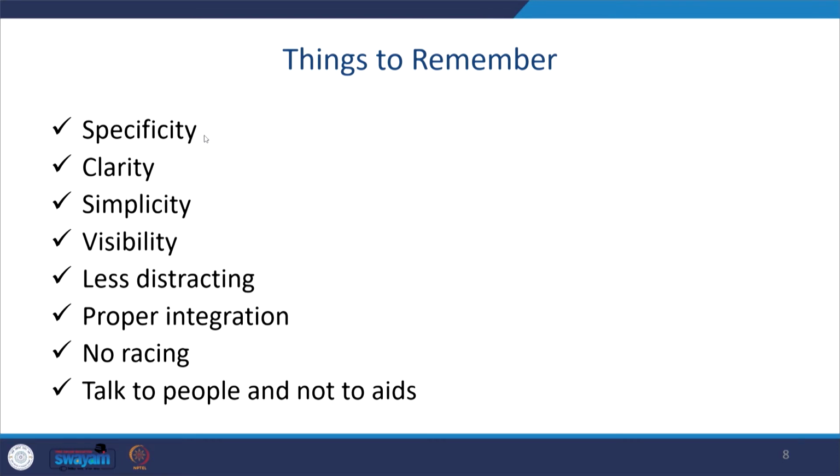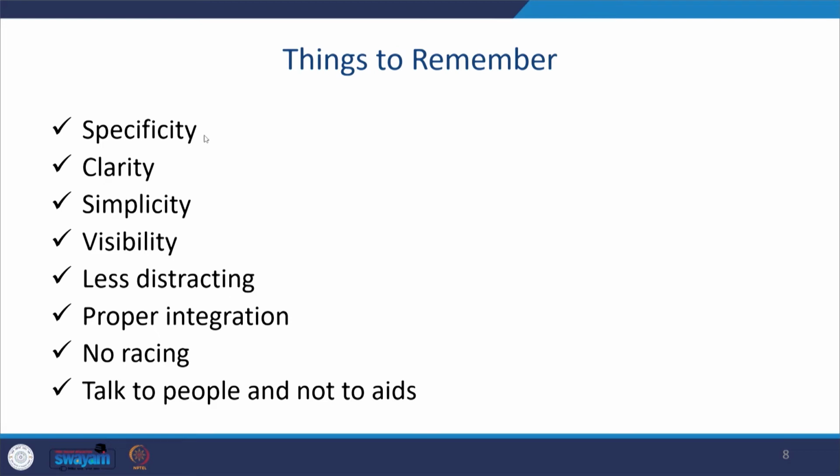For that you must see, sometimes it so happens that somebody actually crowds a lot of information on the slides, on the aids, on the flip charts, on the pie charts, on the graphs, fine, and they will actually pose a lot of difficulty. So, see to it that your aids are less distracting, and they, as I said earlier, properly integrate what as a speaker you want to say.